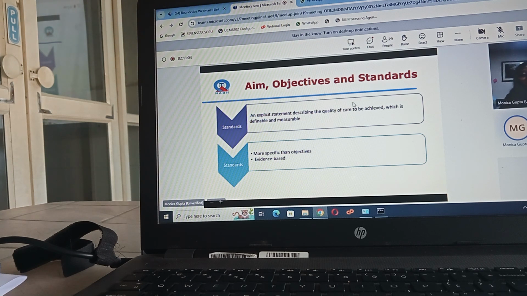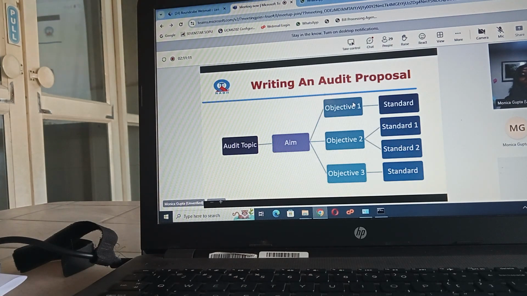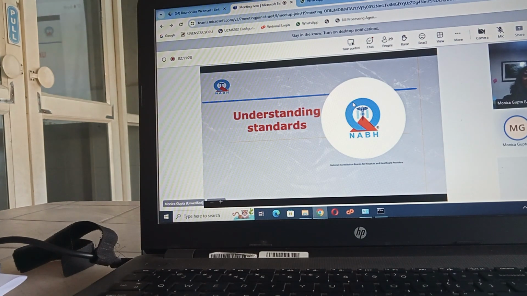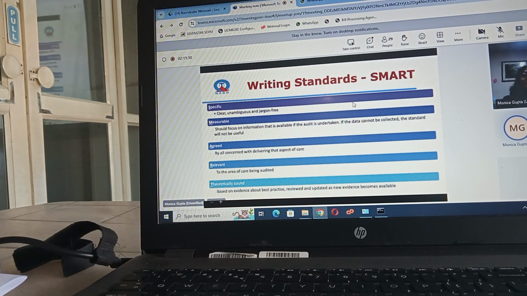They are more specific than objectives, and very, very importantly, they are evidence based. So you have an audit topic and you define the aim, then you might have multiple objectives, and each objective may have n number of standards. Okay? For example, objective 1 may have 1 standard, 2 may have 2 standards, 3 may again have only 1 standard.